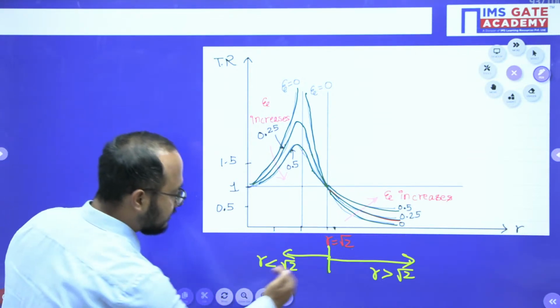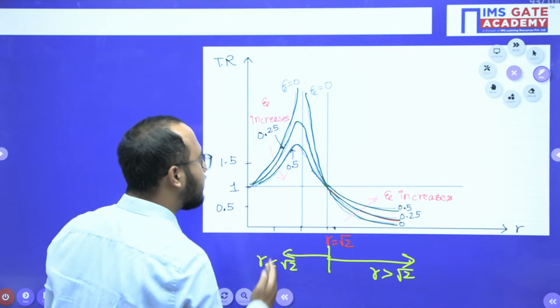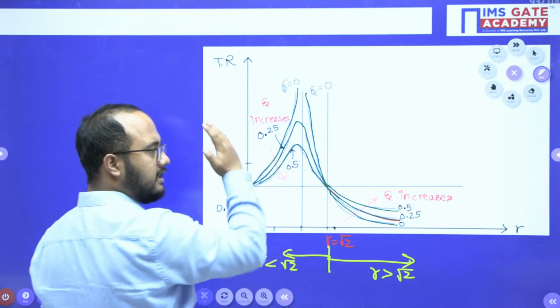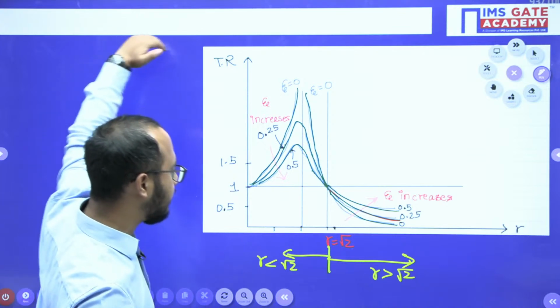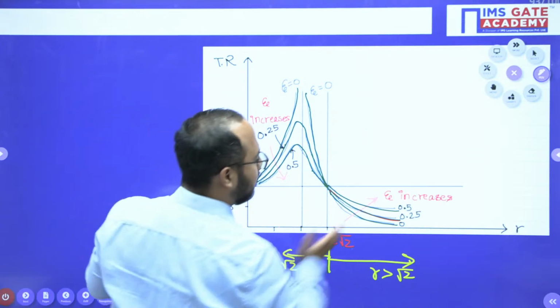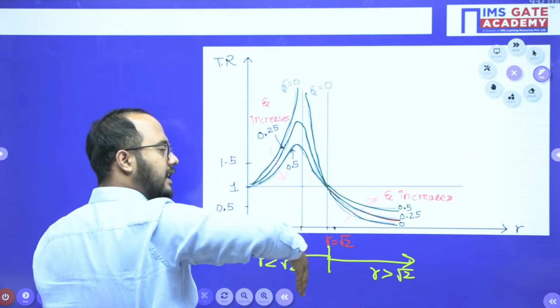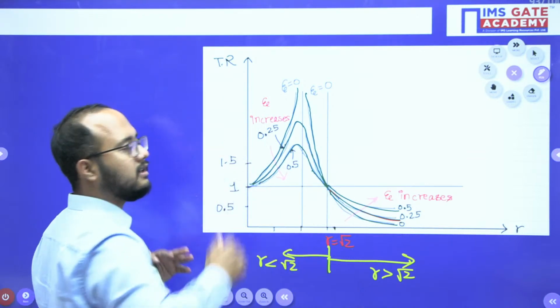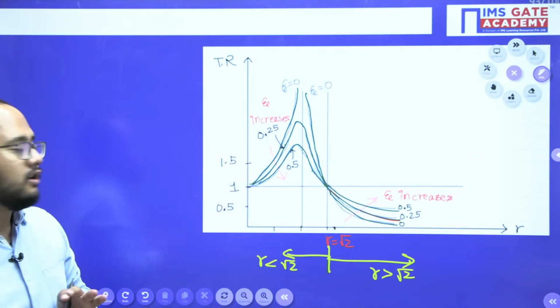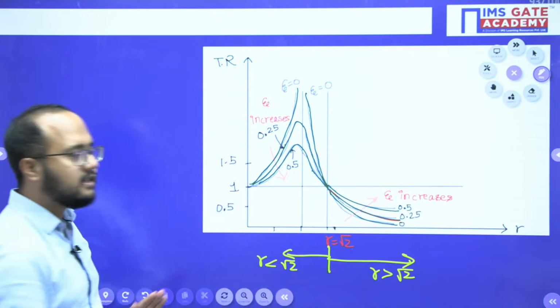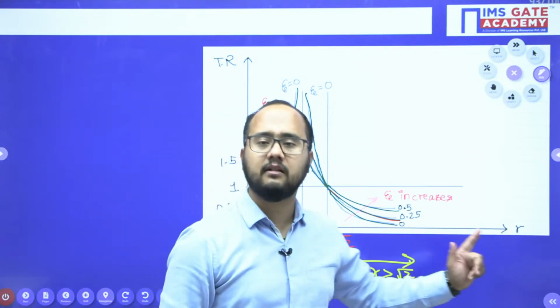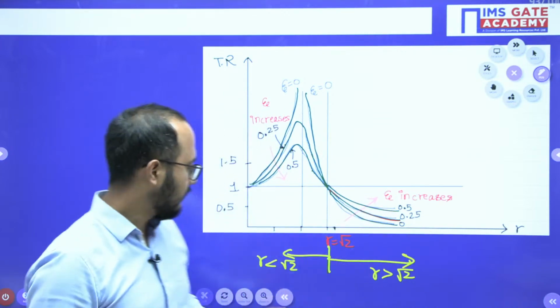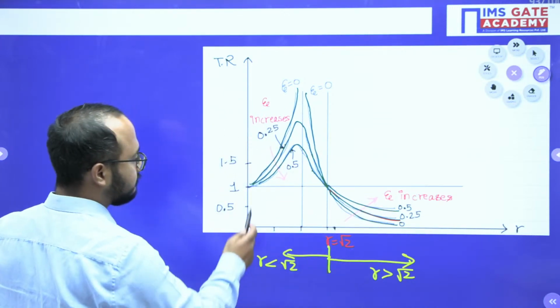But in this case, as the R value is less than root 2 and if you increase the damping, damping increases like this. So obviously the transmissibility ratio decreases with the help of damping. So here damping is advantageous and in this case damping is detrimental or disadvantageous.